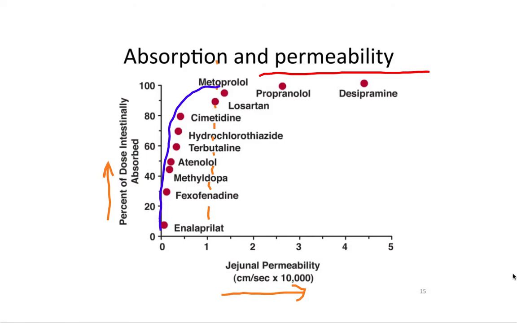What it shows is that the drugs with low permeability are those to the left of the value of 1 marked on the x-axis.